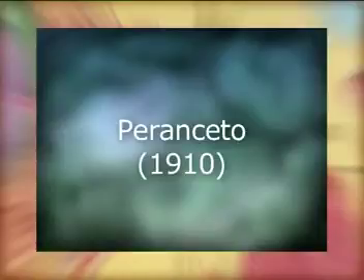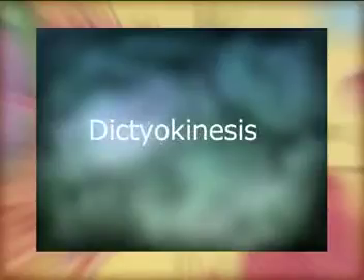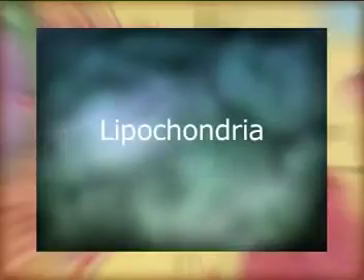Pironcito in 1910 named it dictyosome and their division dictyokinesis. Baker in 1951 described it as lipochondria and later in 1959 as Dalton complex. However, the term Golgi complex has been widely accepted.